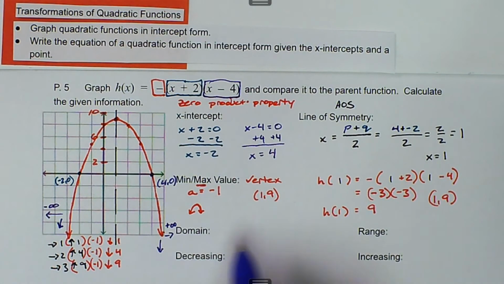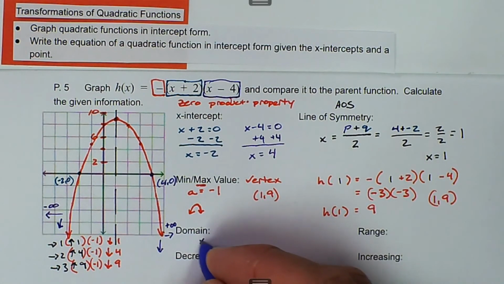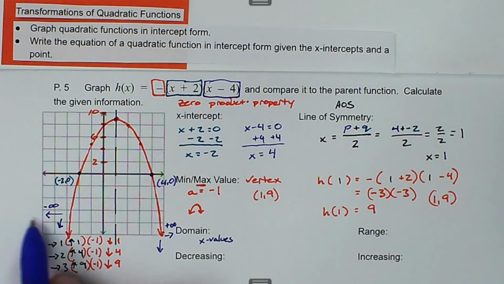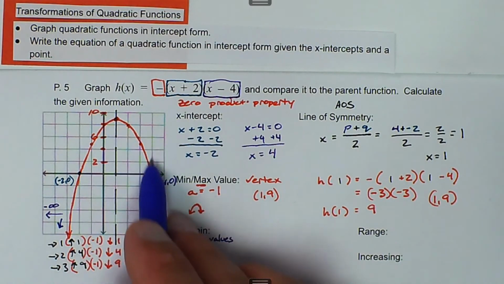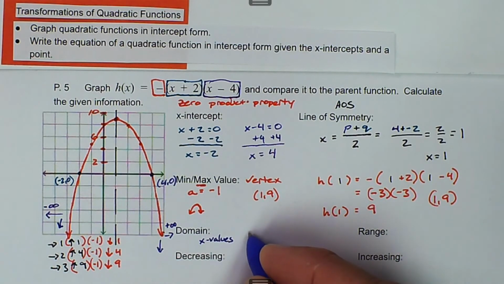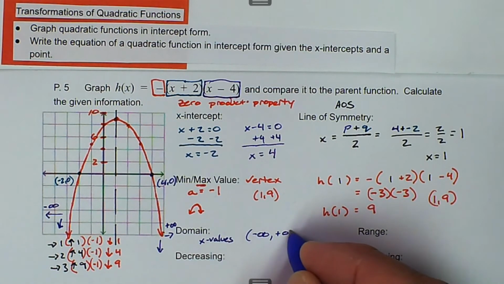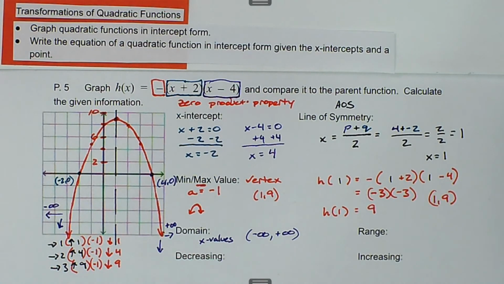So the domain, we're thinking of the x values. So the x values go from negative infinity all the way to positive infinity, not included. The infinities are not included because we'll never be able to count that high.